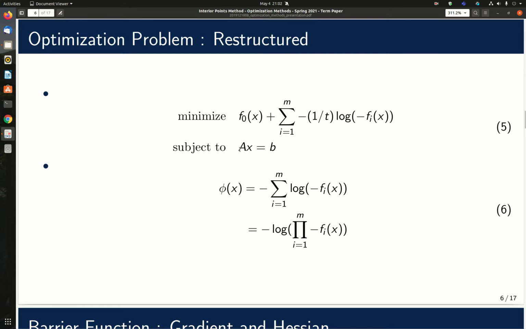If you observe, we got rid of the inequality constraint through a barrier function, and this barrier function is in fact differentiable in the feasible domain, and we could happily use Newton's method. Now let us denote phi of x as this barrier function, which could also be written as minus the log of the product of the f I x. Notice that the f I of x are just the slack variables.